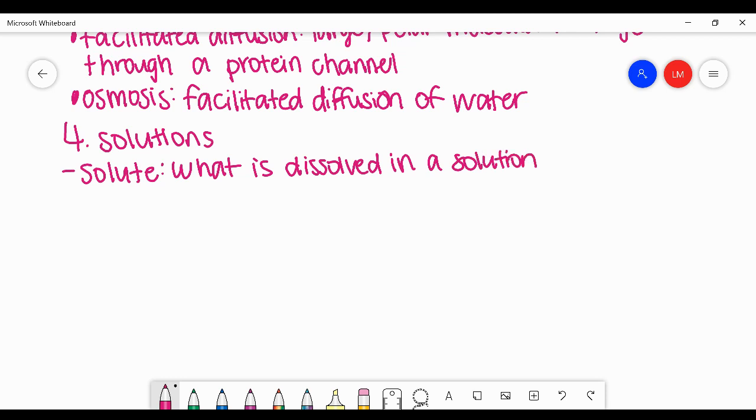So let's think about salt water. Salt is the solute, water is the solution. One type of solution a cell can be in is an isotonic solution.